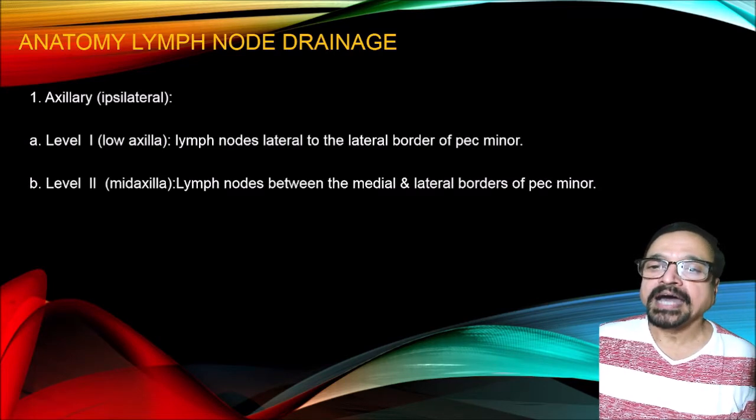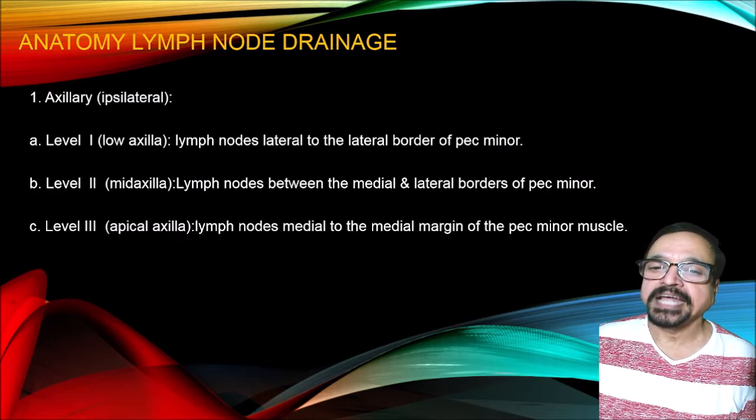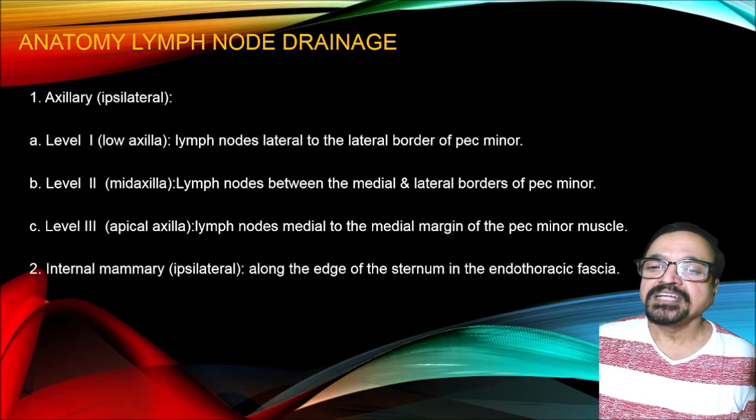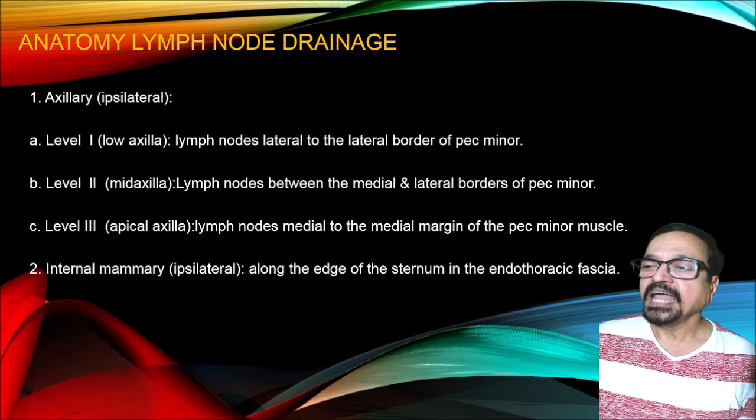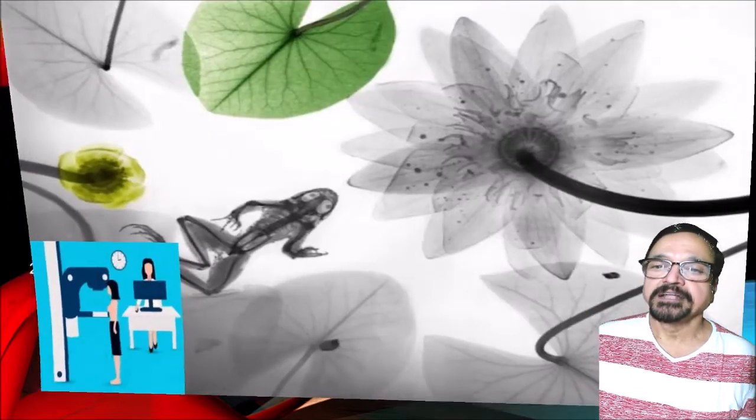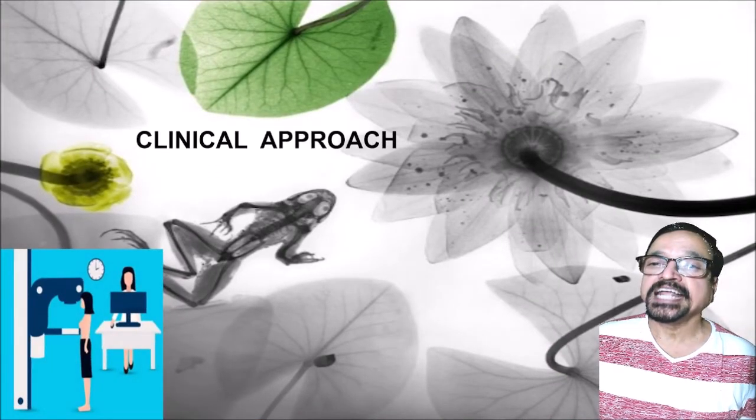Then level 2 are the mid axillary, the lymph nodes between the medial and lateral borders of the pectoralis minor. Then level 3 are the apical axillary lymph nodes medial to the medial margin of the pectoralis minor muscle. Then internal mammary, ipsilateral, along the edge of the sternum in the endothoracic fascia. These are the lymph nodes which drain the breast.